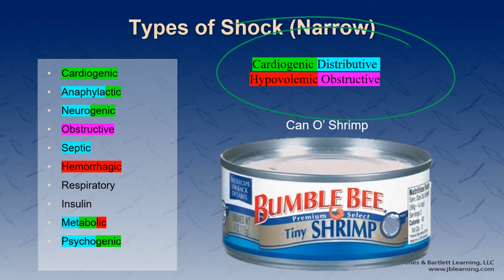So metabolic shock can cause any of the three broad categories of shock.